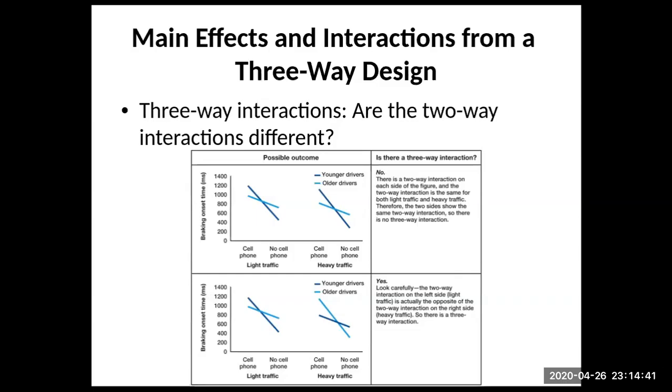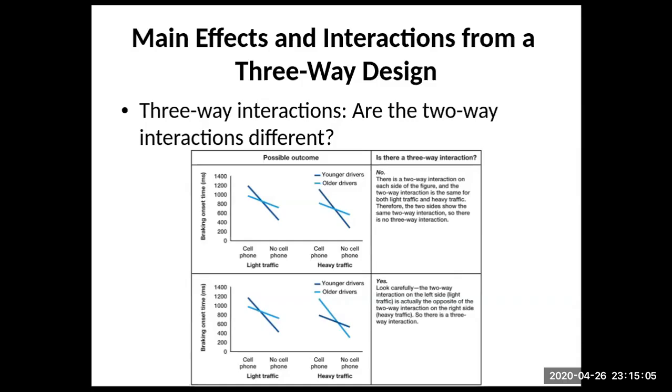Therefore, they show the same two-way interaction, so we do not have a three-way interaction. What about here? We see crossover interactions, kind of like the one above it, but if you look at the color, older drivers and younger drivers are different in light and heavy traffic, the pattern.